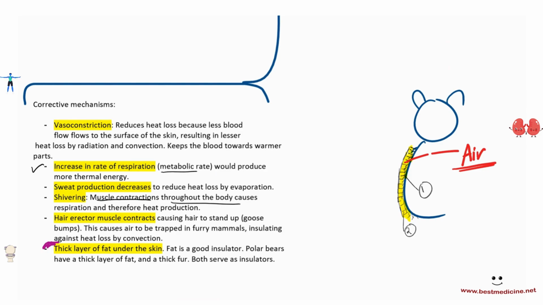So fat underneath the skin is a good insulator. Fat itself is a good insulator. Just like air is a good insulator, although air is a very good insulator, fat is also a good insulator. And so polar bears, for example, have a thick layer of fat and thick fur, and they both serve as insulators. Okay?